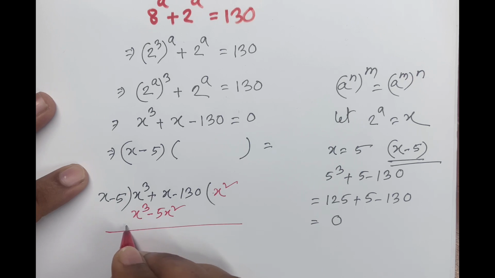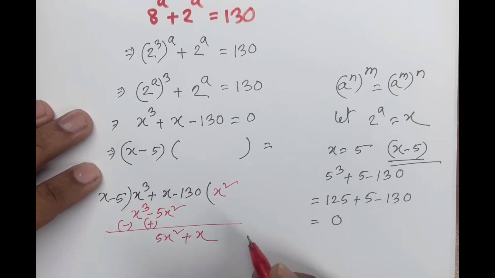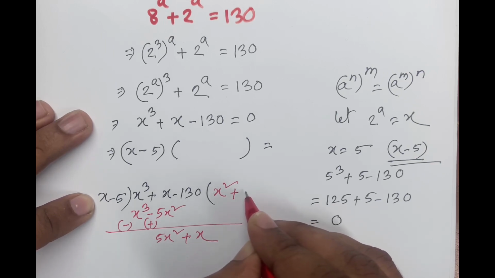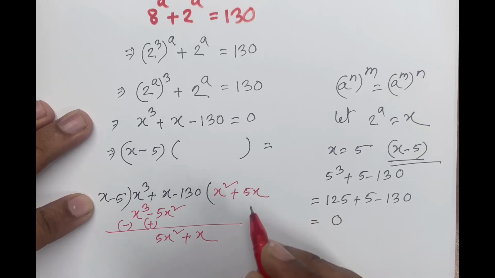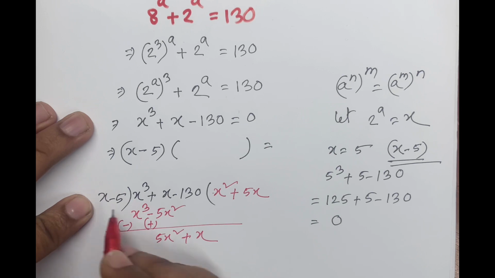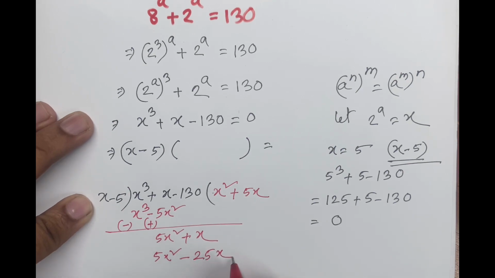Here is minus, here is plus. So now I can say 5x^2 + x. Now I put 5x. 5x multiply x equals 5x^2, and 5x multiply 5 is 25x.